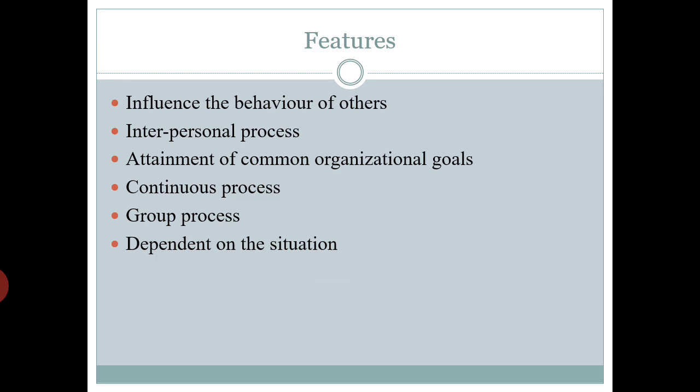Continuous in nature means the leader, that is the manager, is supposed to carry out this function on a regular basis. Today he has done this, tomorrow he is supposed to also influence his subordinates in that respect, so that the subordinates will remain on track.